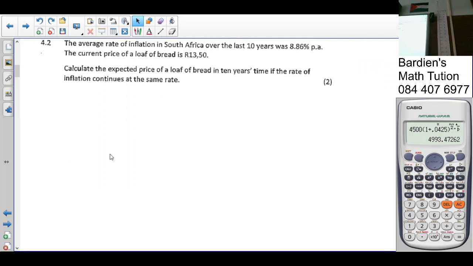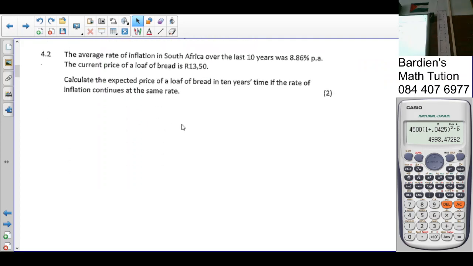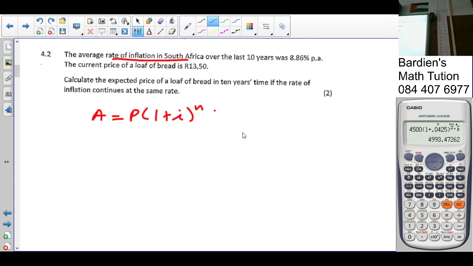Okay. In question 4.2, the average rate of inflation in South Africa over the last 10 years was 8.86% per annum. If it says inflation, which formula do I use? Compound. So A is equal to P into 1 plus i to the exponent n. The current price of a loaf of bread is given. So what value is this, the P value or your A value?